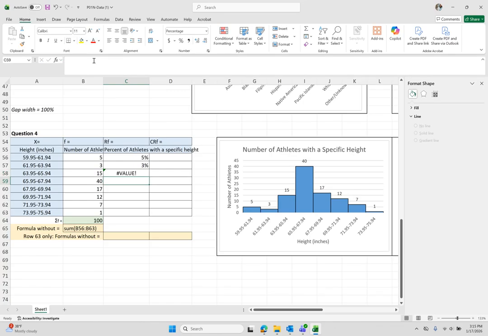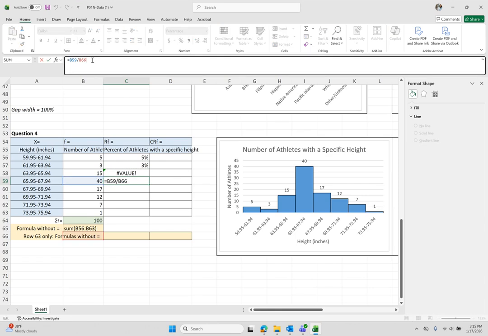If I try again and I copy the formula from row 57 to row 59, it will again have a problem because it will have moved everything one row down again.